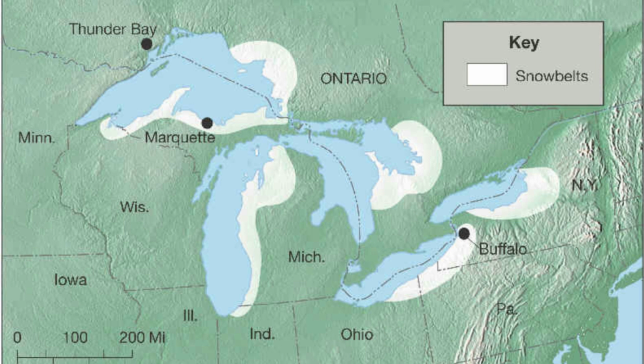Basically, what happens is that during the summer, bodies of water, especially ones as large as the Great Lakes, absorb huge amounts of energy, both from the sun and from the warm summer air that's passing over them. So the lakes become these giant reservoirs of heat, whereas land doesn't store heat as effectively as water does.